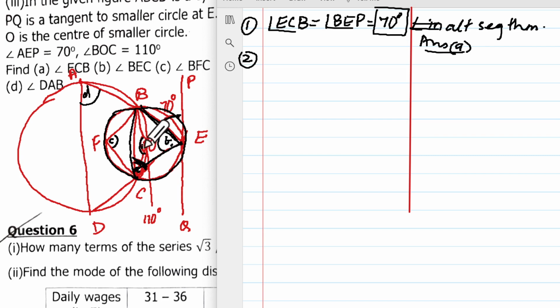This is angle at the center and this is angle at the circumference, right? So what you'll say, angle BEC is half angle BOC, and angle at the circumference is half angle at center.